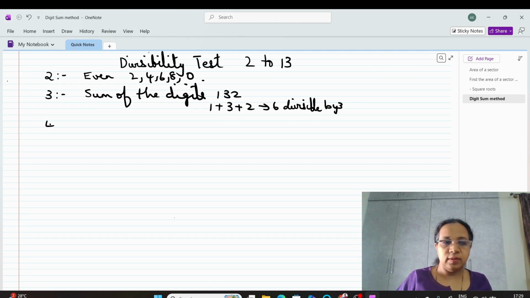Now next we look at the divisibility test of 4. If we have to check if a number is divisible by 4, the last two digits of the number have to be divisible by 4. So in 124, the last two digits are 24, which is divisible by 4.